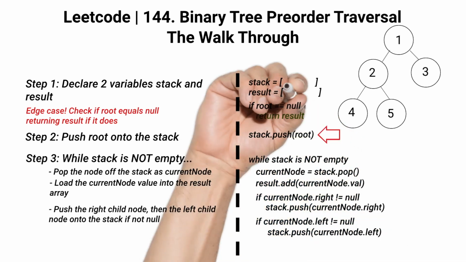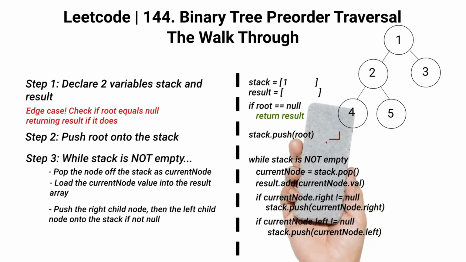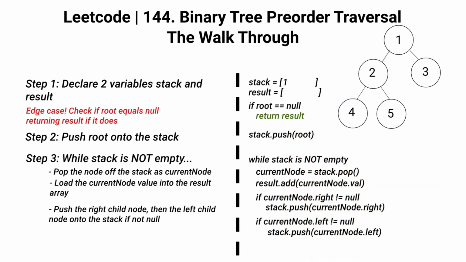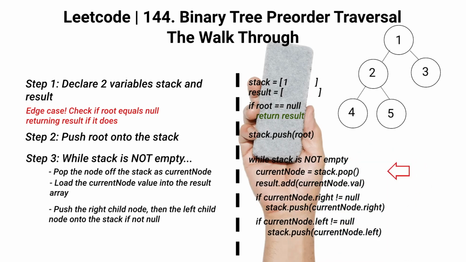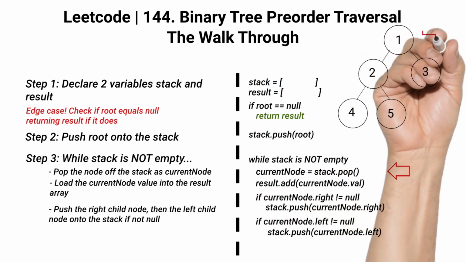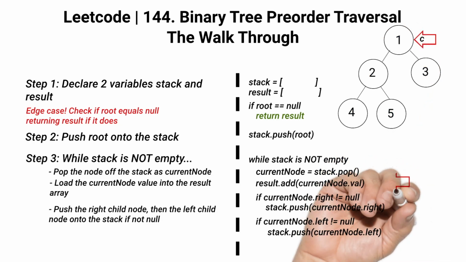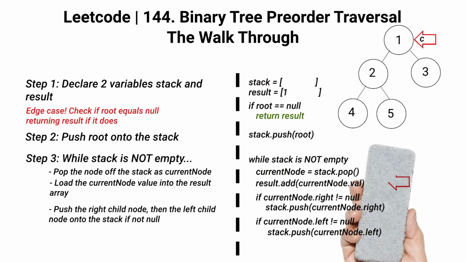So we push the 1 node onto the stack, we check if the stack is not empty, which it's not, we then pop the 1 node off the stack and set that to the current node. We then add the value of the 1 node to the result, so we add 1 to the result.